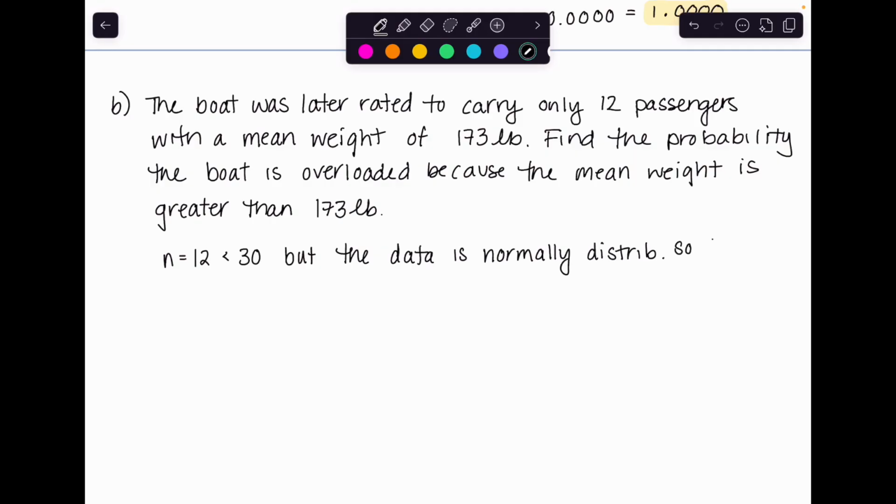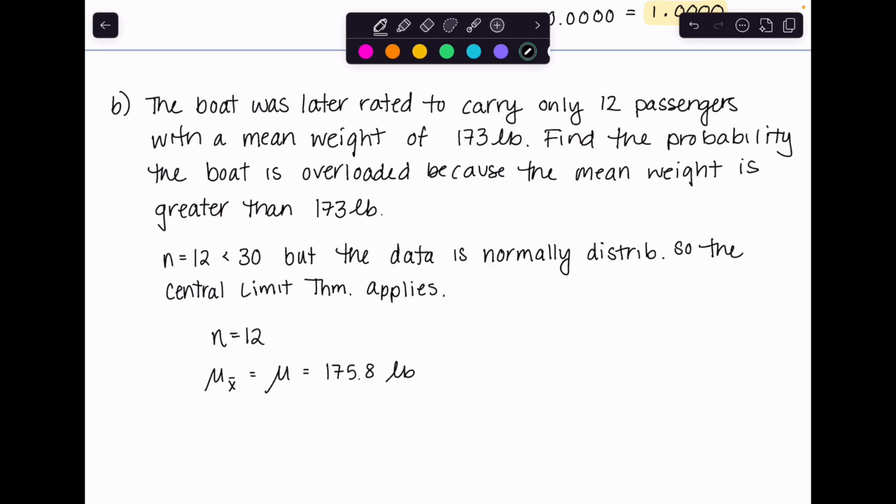So the central limit theorem applies. So my sample size is 12. My mean of the sample is my true mean. It's still the 175.8 pounds.